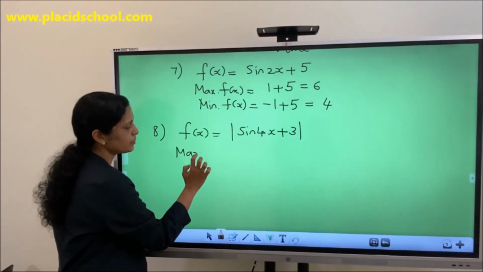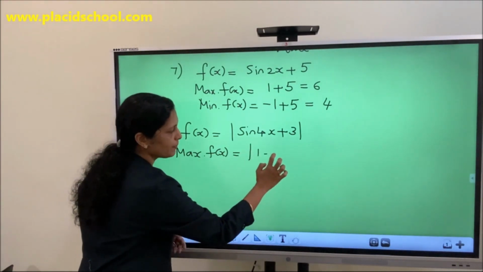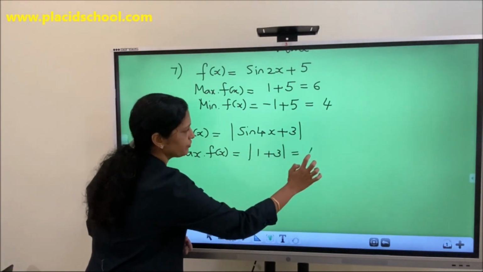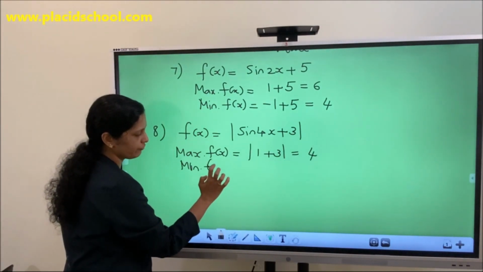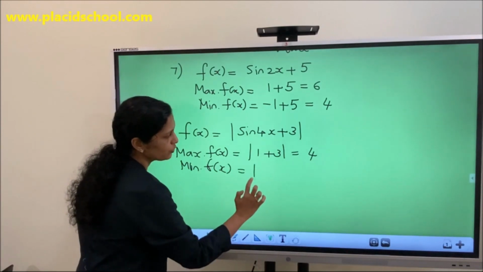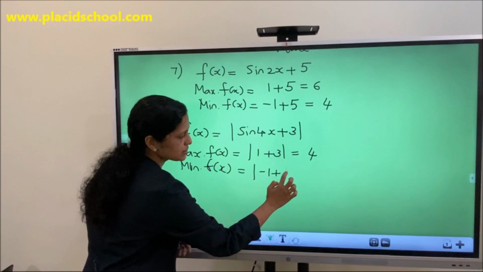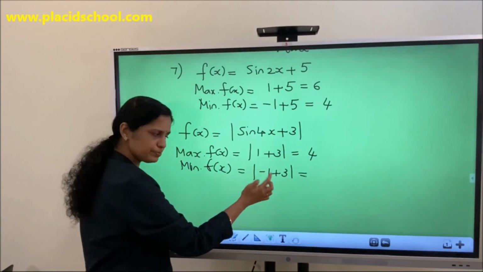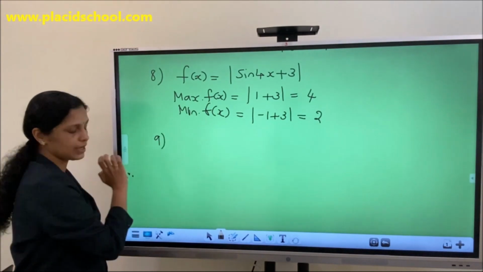Therefore, the maximum value of f(x) is |1 + 3| = 4. The minimum value of sin 4x + 3 is positive 2, and the modulus of positive 2 is 2.